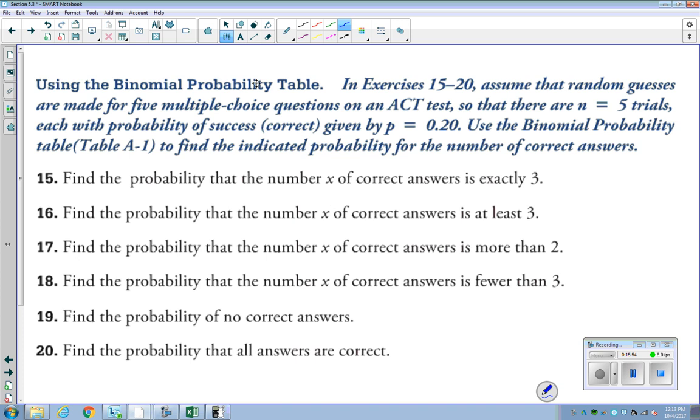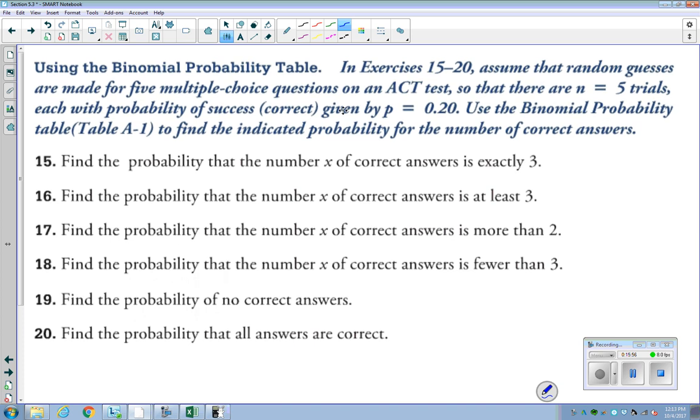Using the probability, we're not going to use the table. What are we going to use? We're going to use the TI-83, 84. Assume random guesses are made for 5 multiple choice questions on the ACT tests so that there are N equal to 5 trials, each with a probability of success, meaning they are correct.